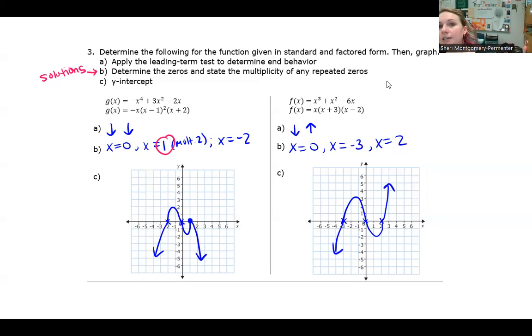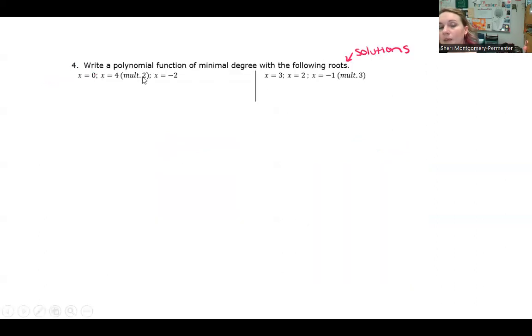The next section gives us 2 descriptions. It says, write a polynomial of minimal degree. That means that if you had an option and it was supposed to be an odd multiplicity, you wouldn't want to put it to the 5th power because that's just making it more complicated.